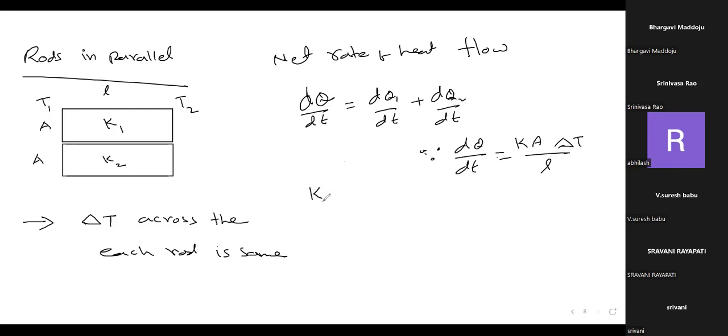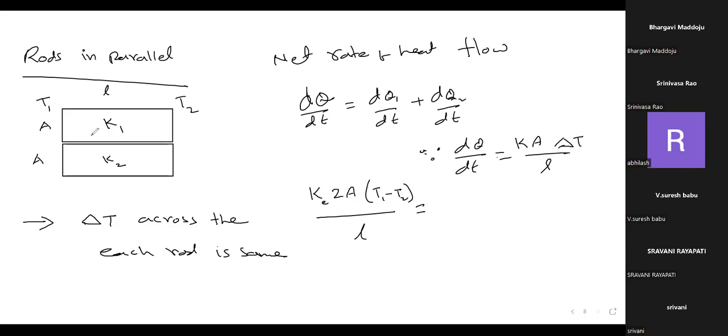The area is A, the temperature difference is T1 minus T2, and L is the length.